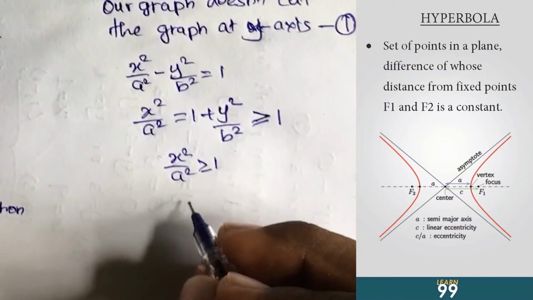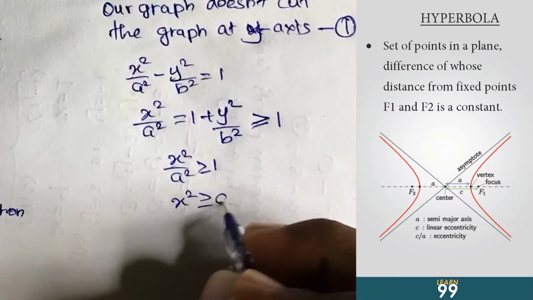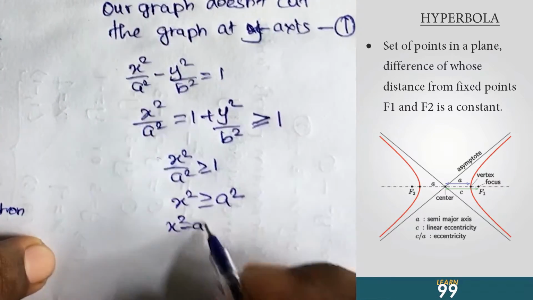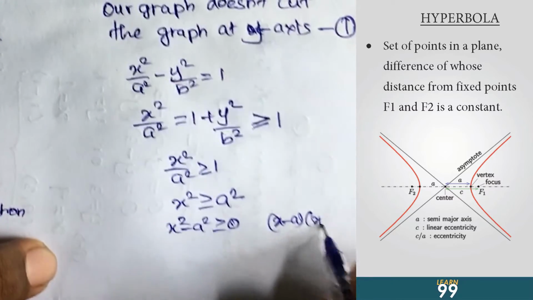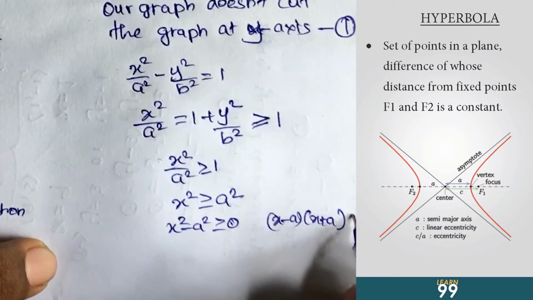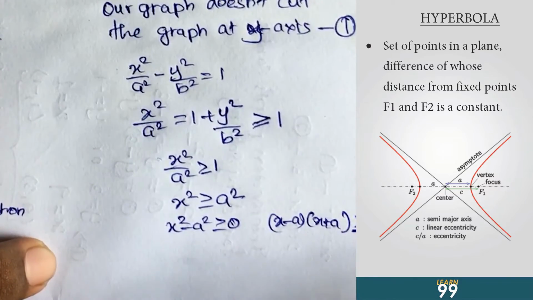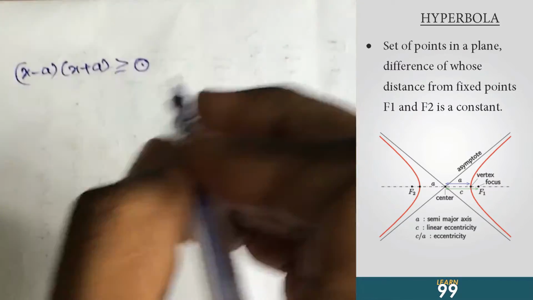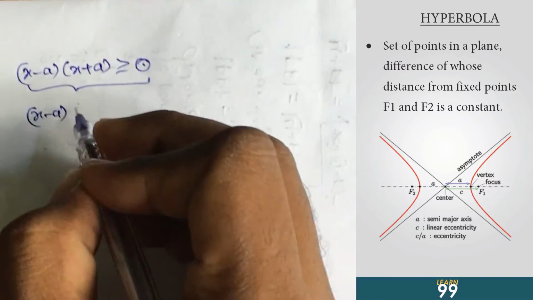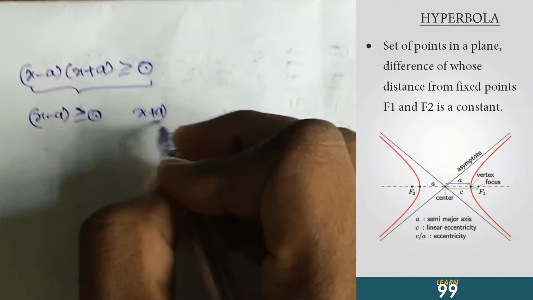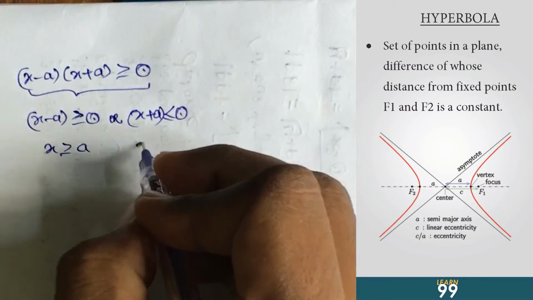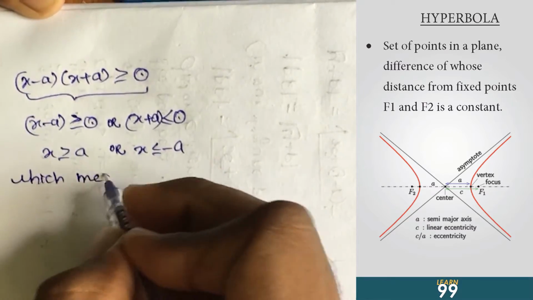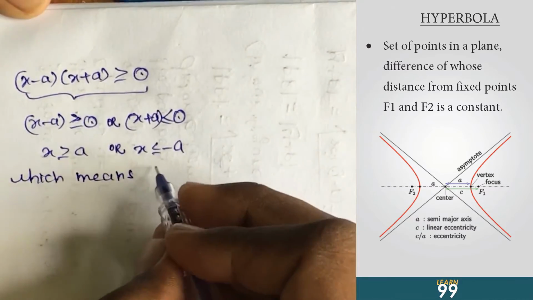Then we can prove another thing by taking the y squared over b squared to the other side. Then we can say that this is greater than 1. So we will get x squared over a squared greater than 1, which means our x value should be greater than a, or it should be less than minus a, which means there is no point between a and minus a.